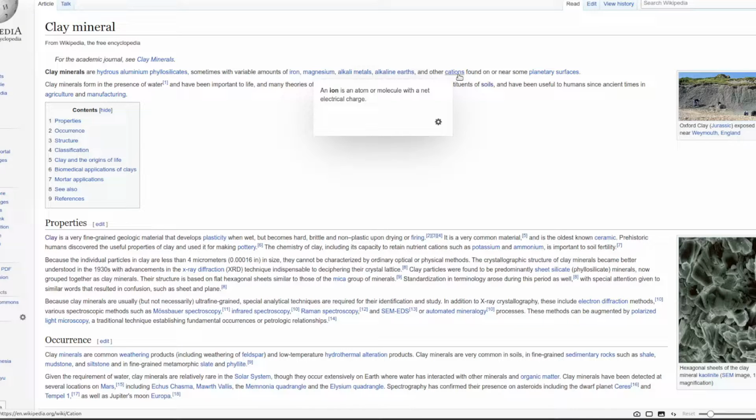and other cations found. Alright, so I looked up earlier, and apparently clay is made from the chemical reaction between water and silica type minerals. So sand essentially, or maybe whatever else there is there.